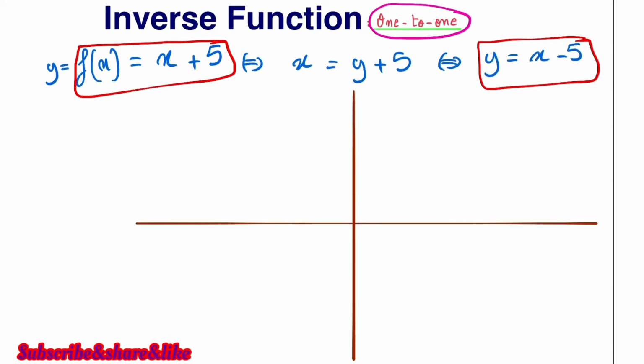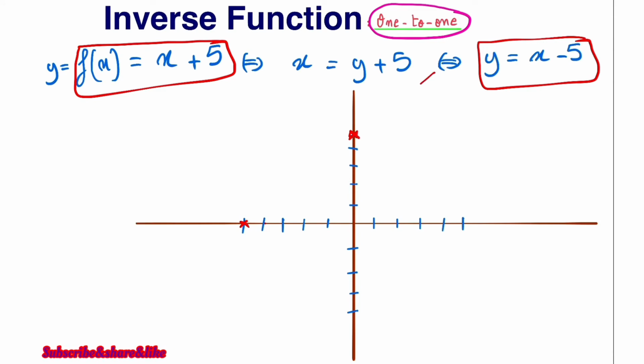So this is the graph. Let's put some marks, 1 2 3 4 5. We don't need a lot because a line is very easy to graph. We just need 2 points. When x equals 0, y is 5, counting 1 2 3 4 5 from here, and when x equals minus 5, y is 0, counting 1 2 3 4 5, just an easy way.